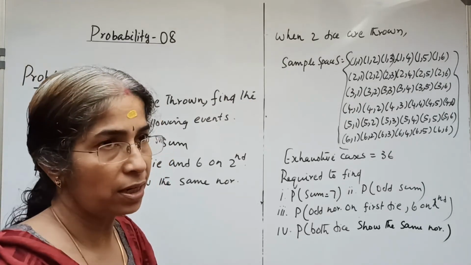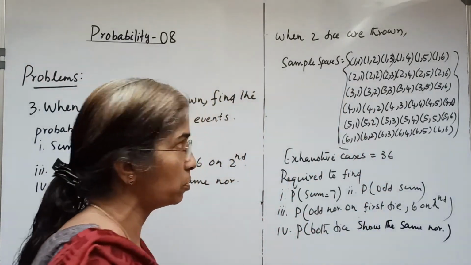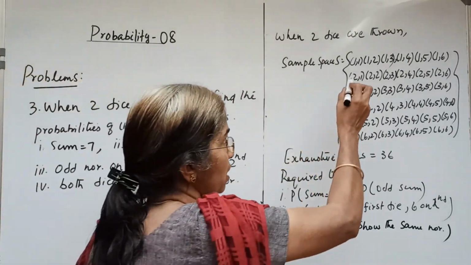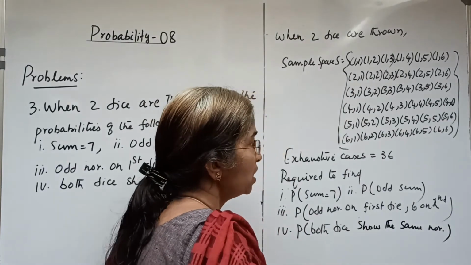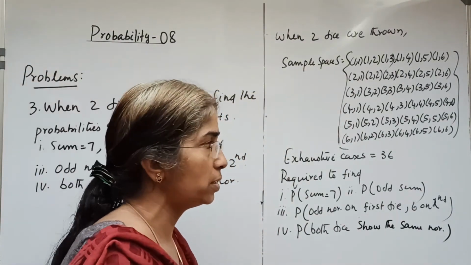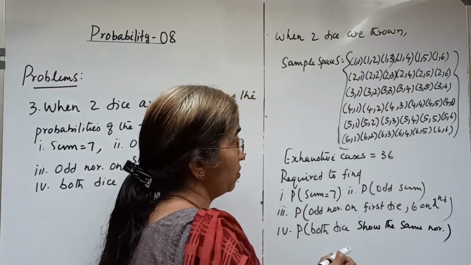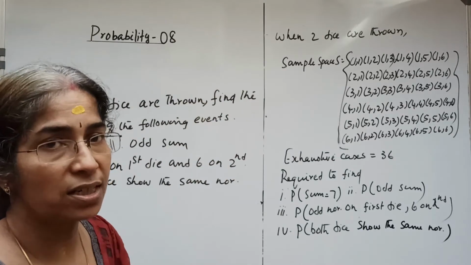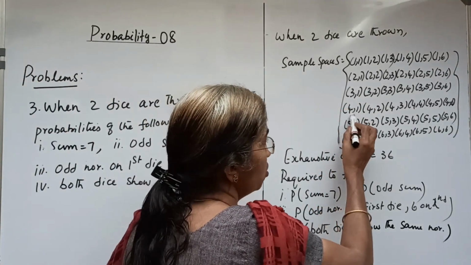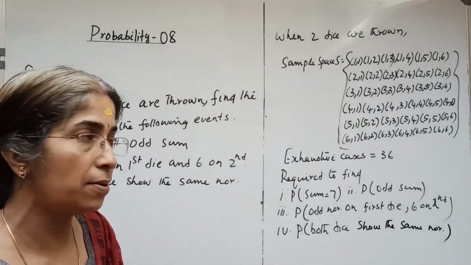Okay, so we consider this as a set of 6 rows. In the first row, the first die shows the number 1. Second row, first die shows the number 2. Third row, first die the number 3. Fourth row, first die the number 4. Fifth row, first die the number 5.